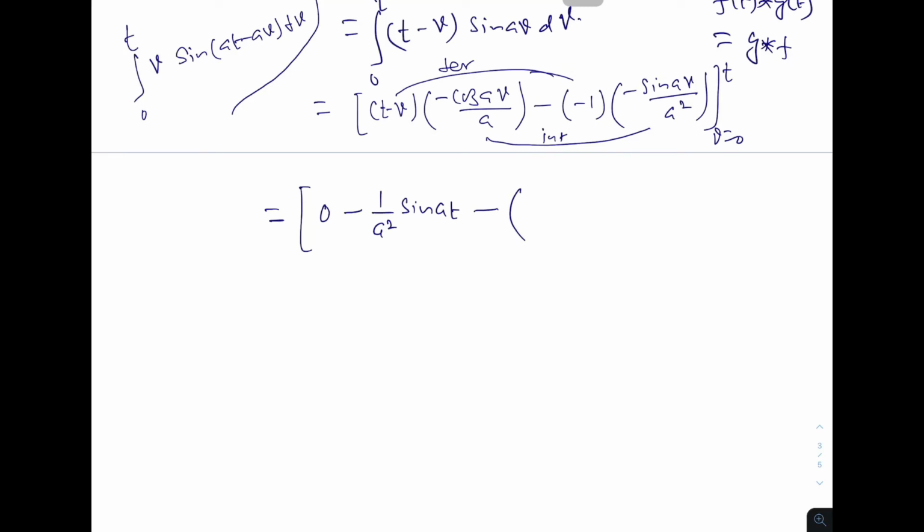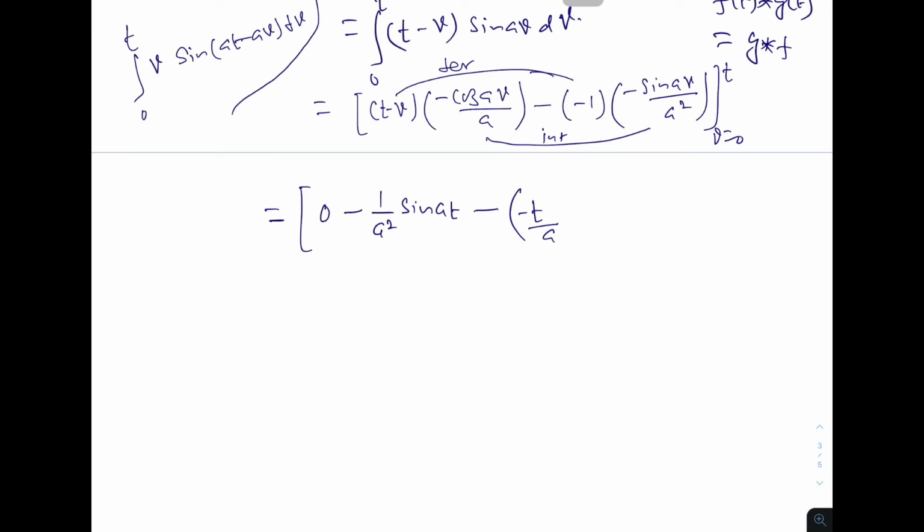If I take v equal to 0, this is t, this is minus, cosine 0 is 1, divided by a.